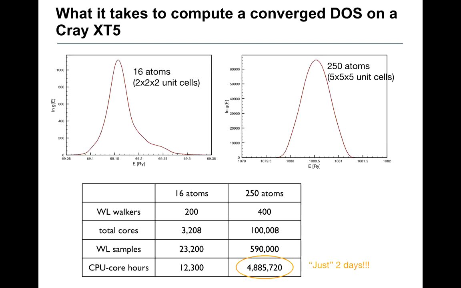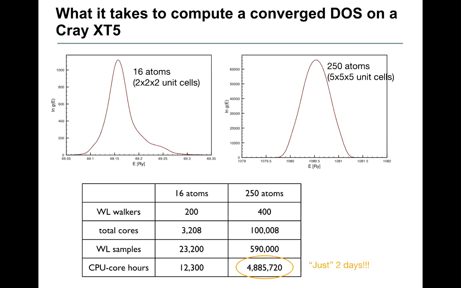And finally, we find this converged density of states in about 5 million CPU core hours, which turns out to be just 2 days on a machine of Jaguar or Titan size. But if you wanted to do that on your laptop or a desktop machine, this would be many years and certainly not practical to do so.